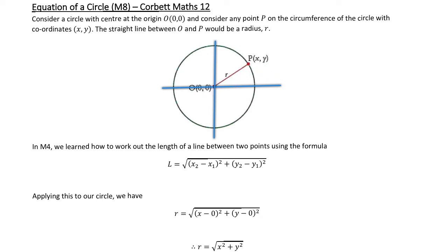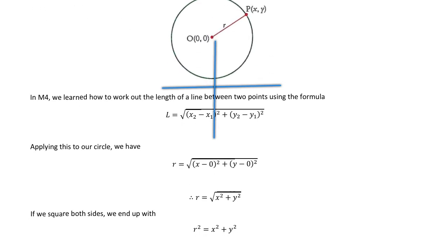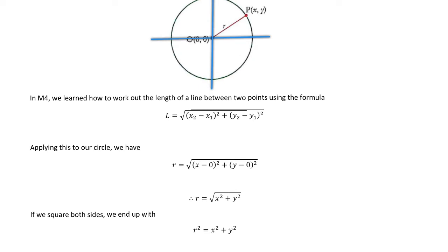So what we're left with is r is equal to the square root of x squared plus y squared, because the zeros just cancel out. And if we were to square both sides, we'd end up with r squared equals x squared plus y squared. And this is the general equation of a circle, which will have a centre of 0, 0 and a radius r.